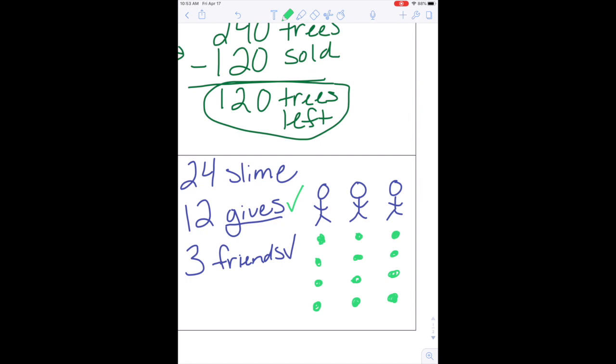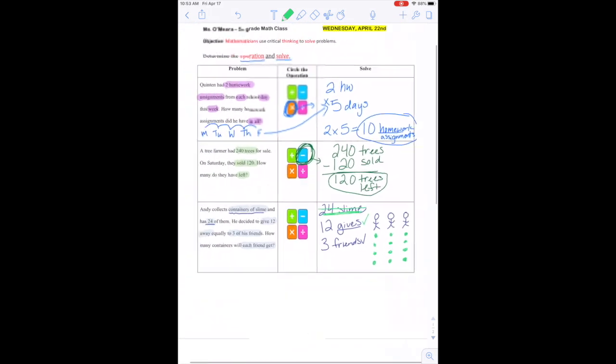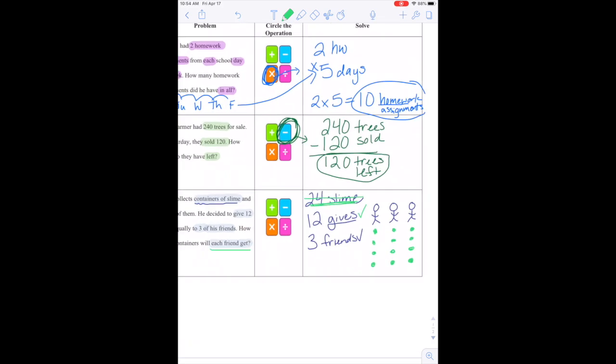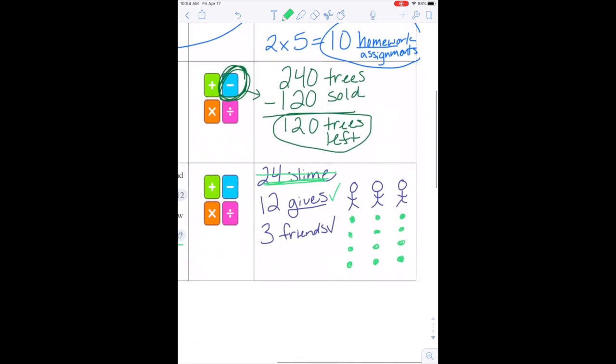The other piece is that he has 24 things of slime. So we need to figure out, what do we do with that information? And that actually is not even helpful for us in solving this problem. That was just extra information they gave us. So we can figure out our answer now because it says how many containers will each friend get. So if we had 12 and we gave it out equally to each friend, there's 1.